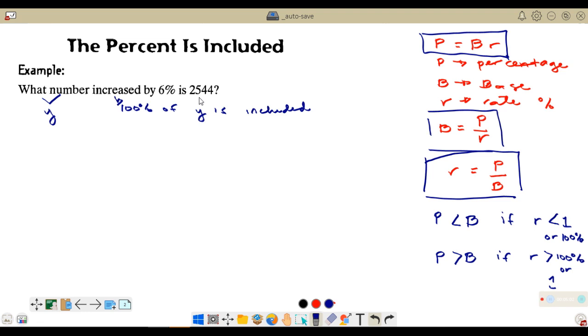So here, our percentage is given by y, and then our rate is given by 6% or 0.06, and it should be equal to 2,544. Okay?